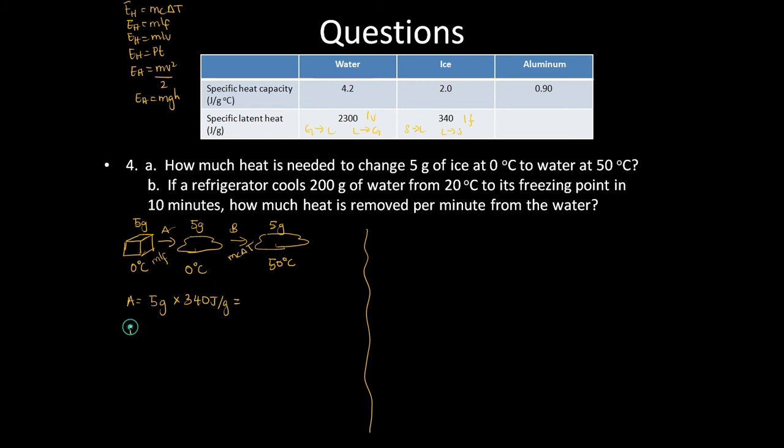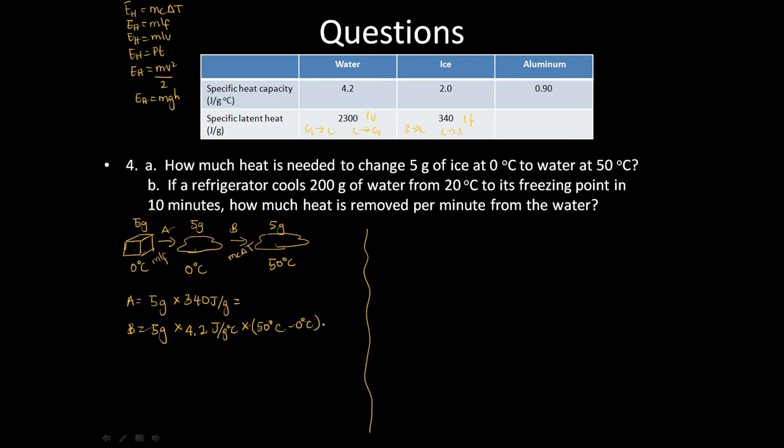And then for B, we're going to write 5 grams times the temperature. Well, let's think about the water first. So the specific heat capacity of the water is 4.2 joules per gram degree Celsius, and the temperature change would be the warmer temperature subtracting the cooler temperature.